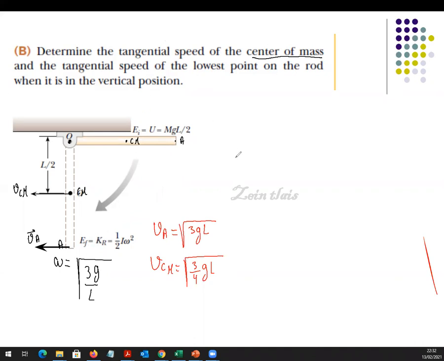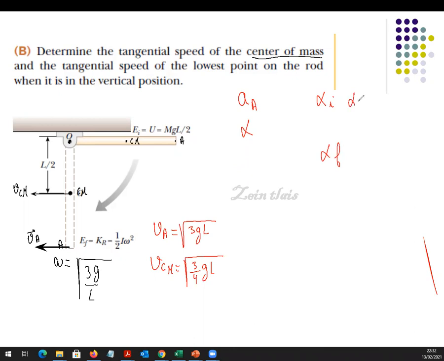Now, maybe I can ask you about the acceleration A of the point A and alpha. If I tell you find alpha, I just need to give you the position. We have only alpha initial or alpha final.